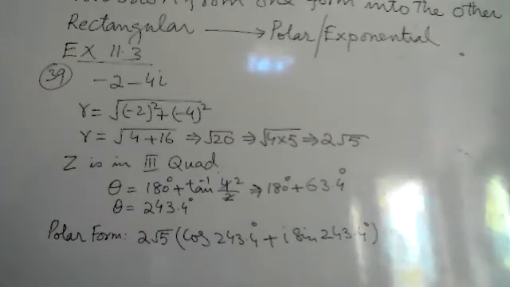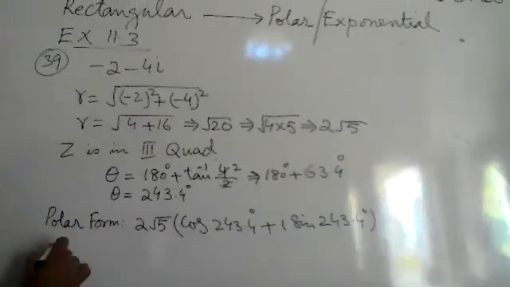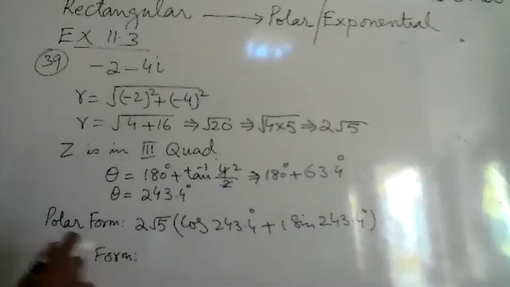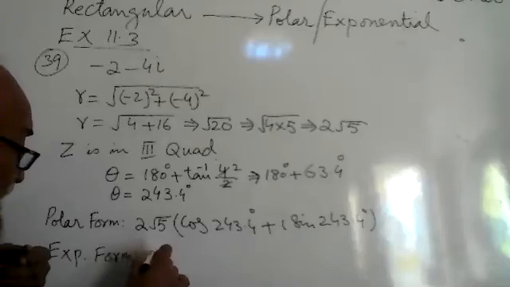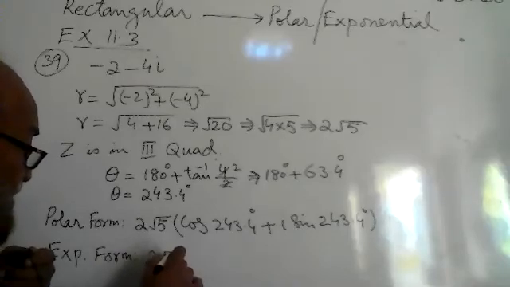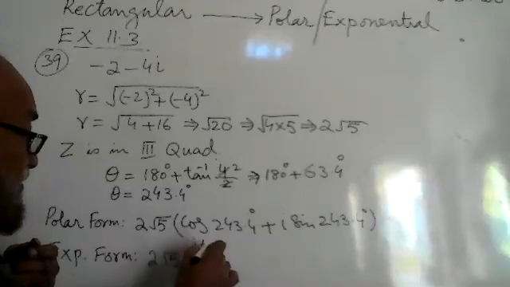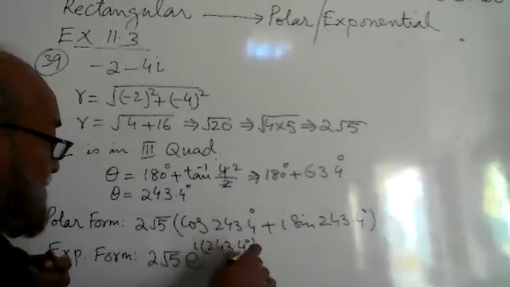In the same way, we may write the exponential form. If you are asked to find the exponential form, we write 2 root 5 or root 20, whatever you like, e raised to the power iota times 243.4 degree.